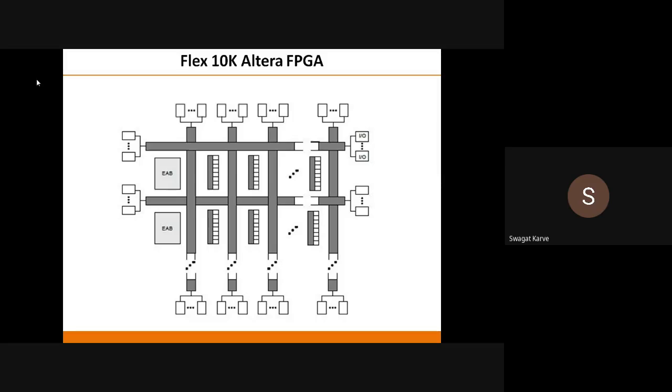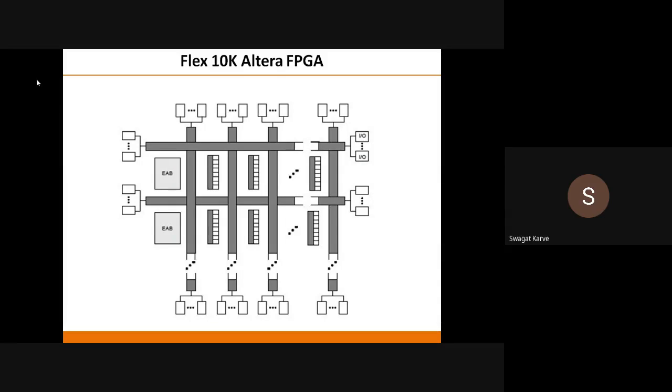What you are able to get on screen is a general structure of this Flex 10K FPGA. This is a typical architecture. It has different interconnections, then input output ports, then EABs available, with different macros also there.